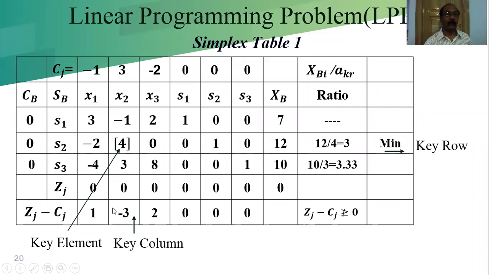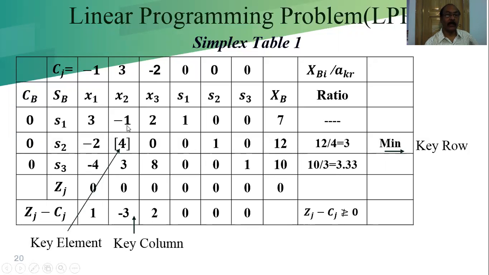So our key column is the one with minus 3, corresponding to the non-basic variable x2. So x2, the non-basic variable, is to enter the basis. From that we have to check which one departs from the basic variables. We got the key column corresponding to minus 3, so x2 is our entering variable.